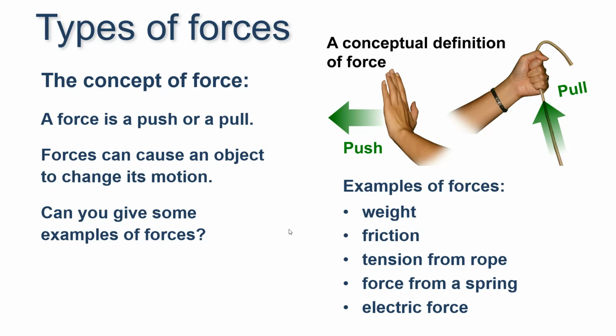Our first day back from spring break, but yeah, there's a force for sure, and it has to do with charges, right? So if you take a balloon and you rub it on your head, it sticks to the wall. That's a pull. There's an attractive force at work. Okay, and that's an electric force. Static electricity.